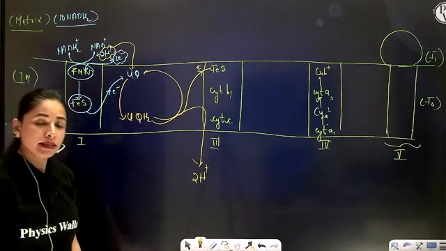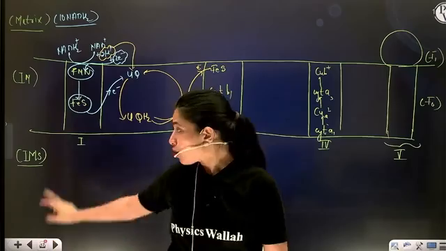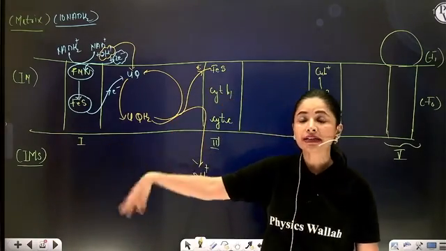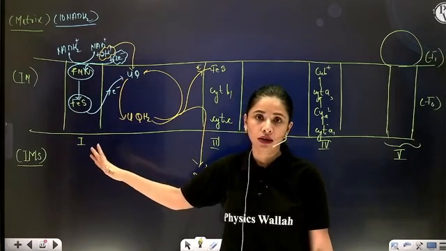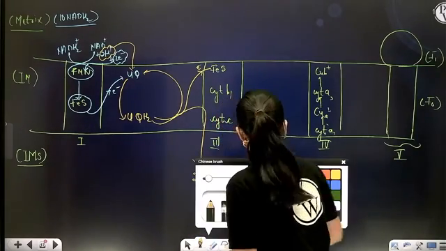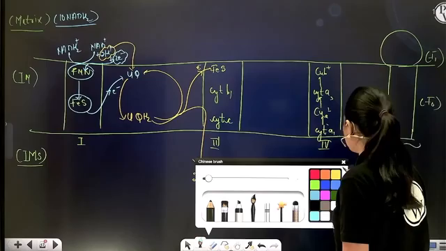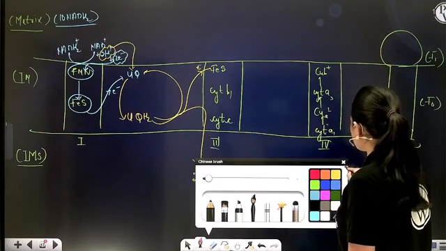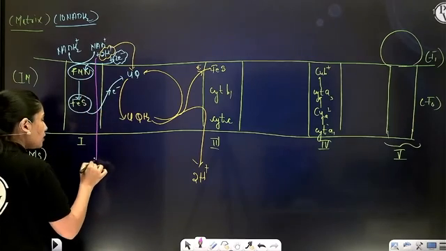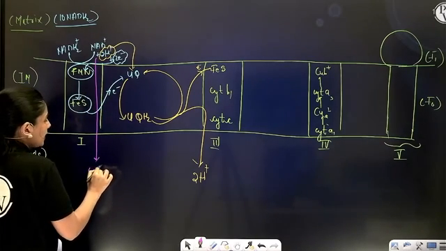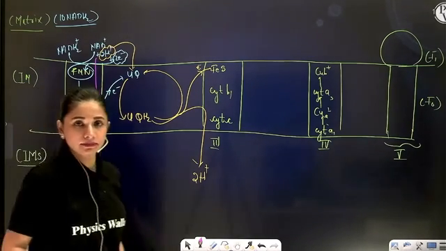Right? Meanwhile, my dear students, complex 1, while it is oxidizing NADH2 and passing electrons, also pumps 4 protons. It is also a proton channel. So it pumps 4 protons from the matrix into the IMS.